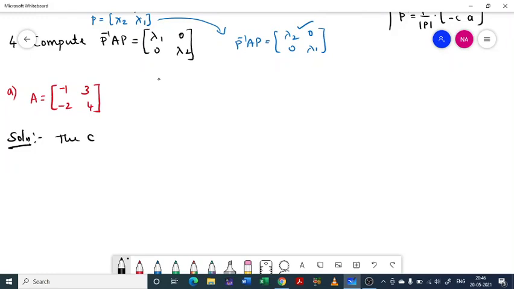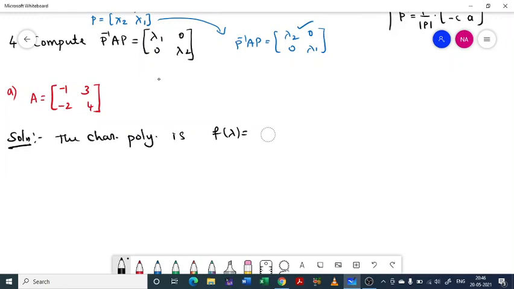The characteristic polynomial is f of lambda equal to lambda square minus the sum of diagonal entries, minus 1 plus 4, that will be 3, right?